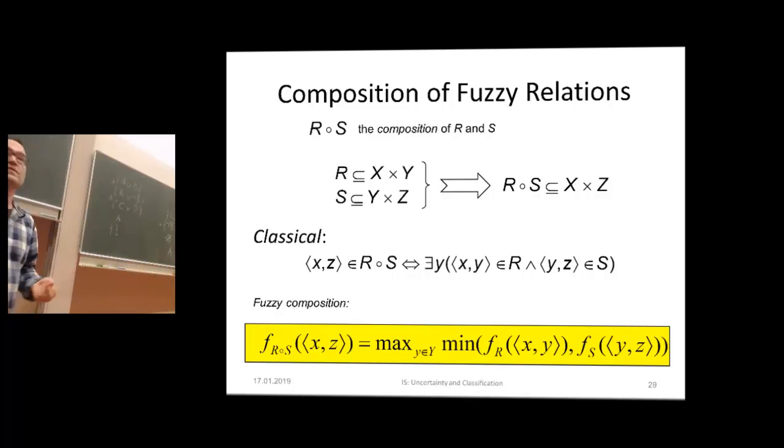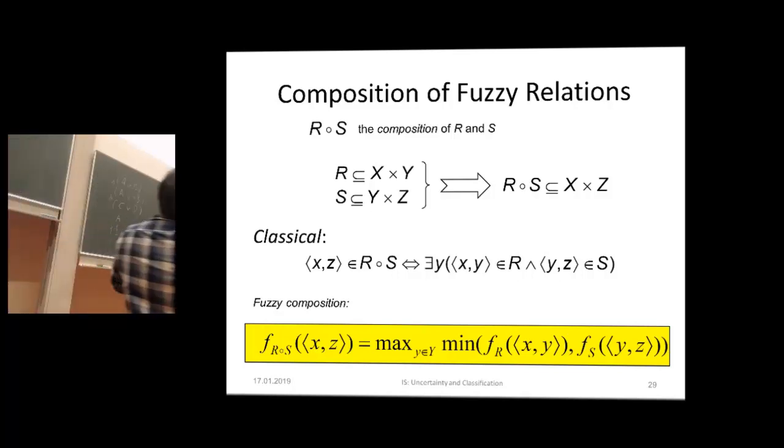The definition of this composition operator is that you have a relation as a subset of the Cartesian product between two sets.